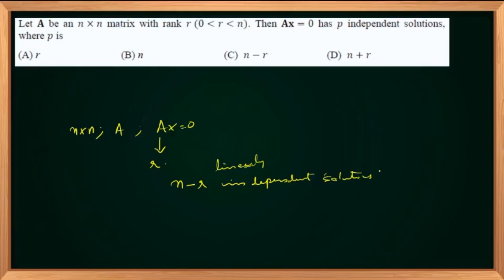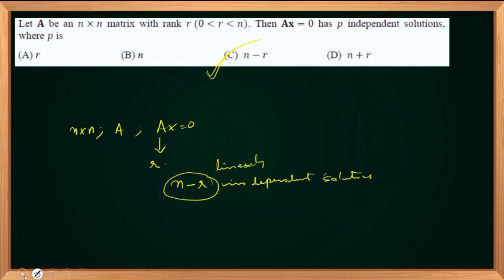When n is the order of the matrix and r is the rank of the matrix, there will definitely be n minus r independent solutions. I hope it is clear to all of you because that is a conceptual question. So option C is the correct answer.